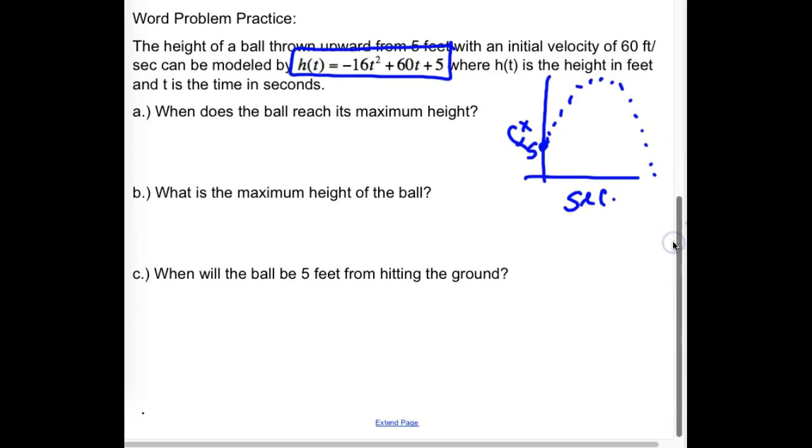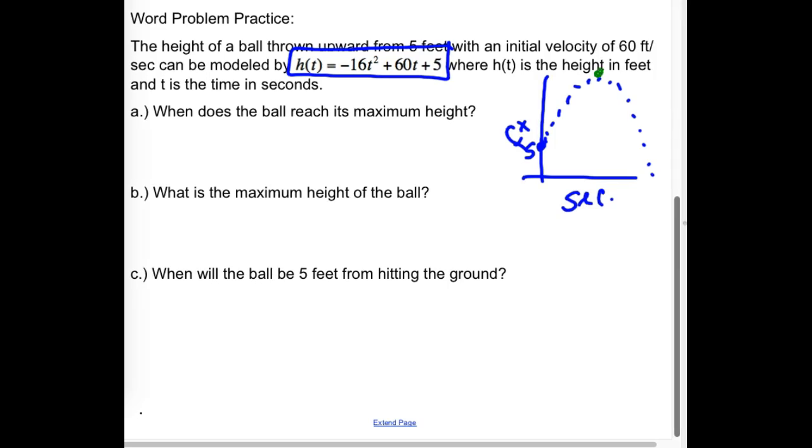All right, so when does the ball reach its maximum height? Question is when. We're looking for time, right? Its maximum height is going to happen when we are up here at the vertex. So this first question is just saying, what is the time, what is the x-coordinate that gets me to that vertex? All right. In this case, we aren't using x, we're using t for time.